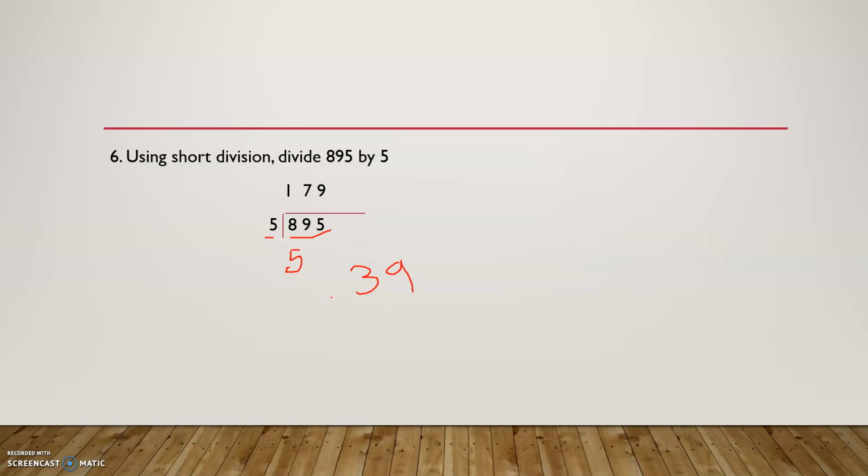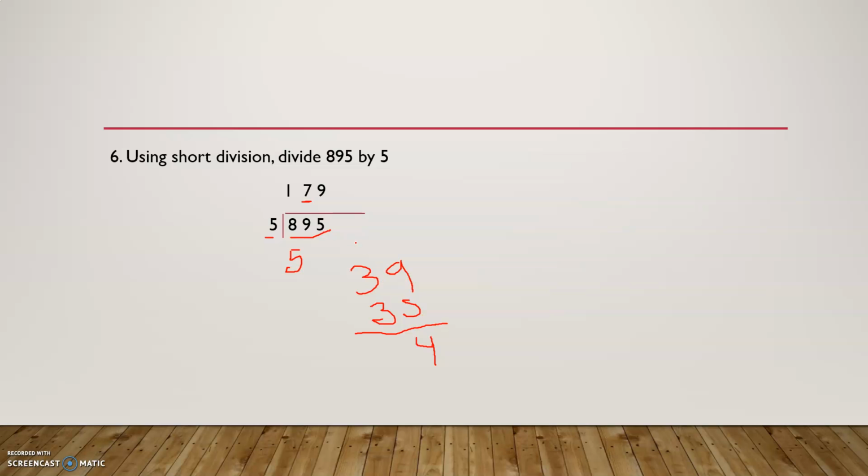Now if we divide 39 by 5, 5 will go 7 times, that will be 35. So remainder would be 4. So now we move 4 into unit column, so that will be 45.